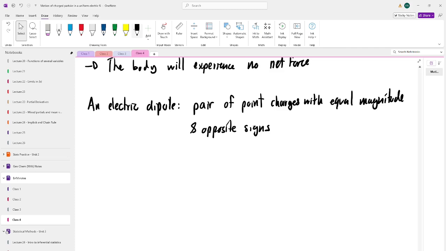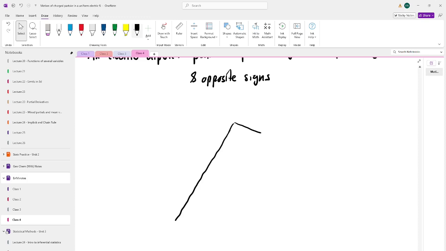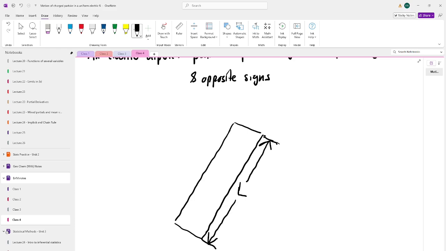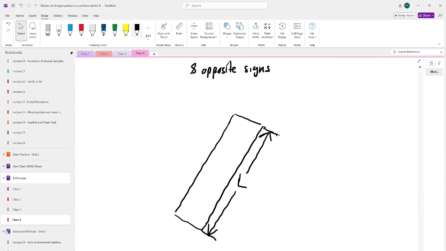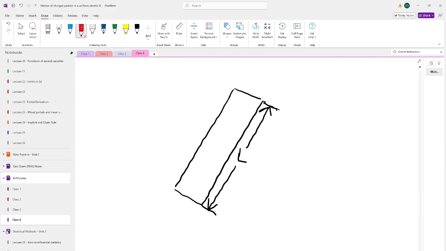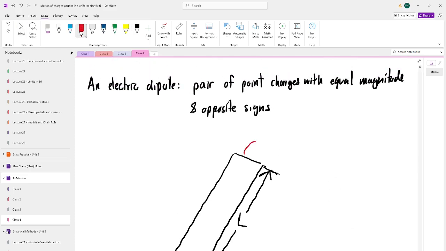So let me illustrate what we've been talking about, just so we get a better idea of what's going on. First of all, let's imagine we have some object with a length, like this. Let's say it has a length L. And we know that this body is neutral overall.